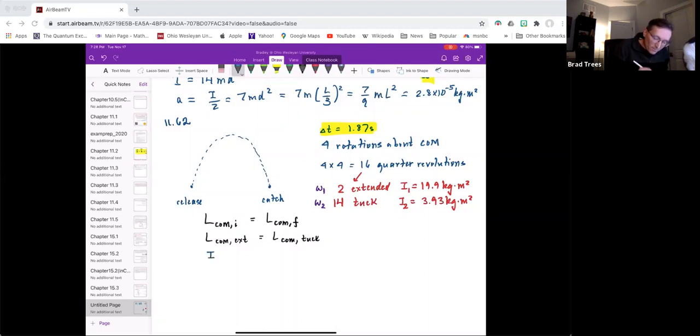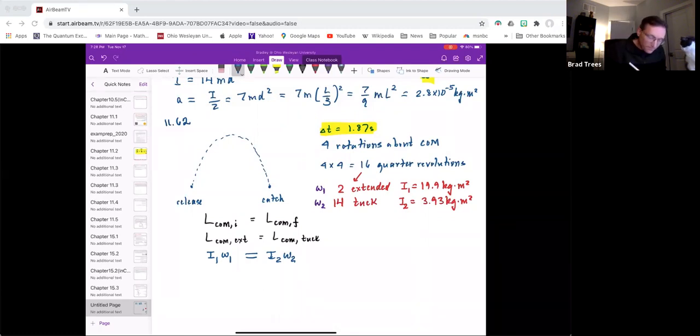So for the extended, that's an angular momentum of I1 omega 1. Remember, for an extended body, angular momentum is I times omega. And in the tuck orientation, the angular momentum is I2 omega 2. So the product I1 omega 1 must equal I2 omega 2.